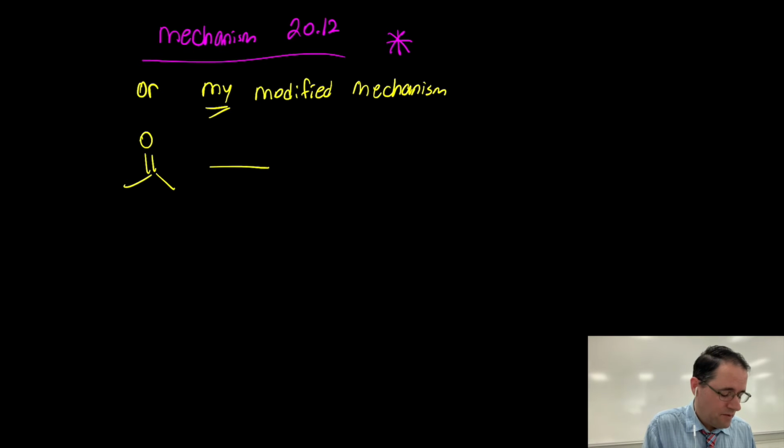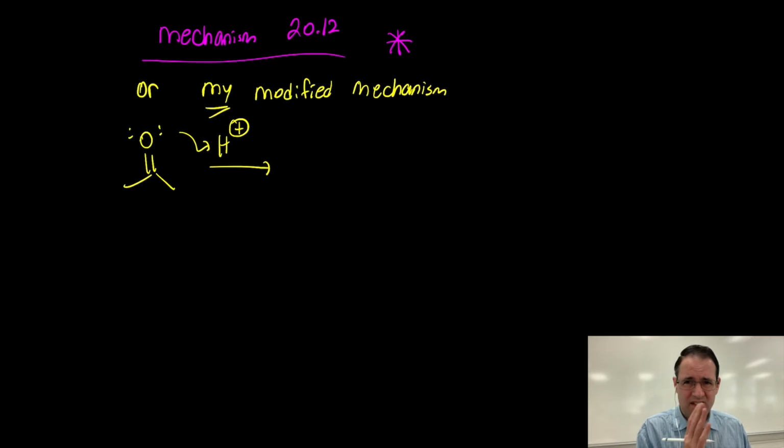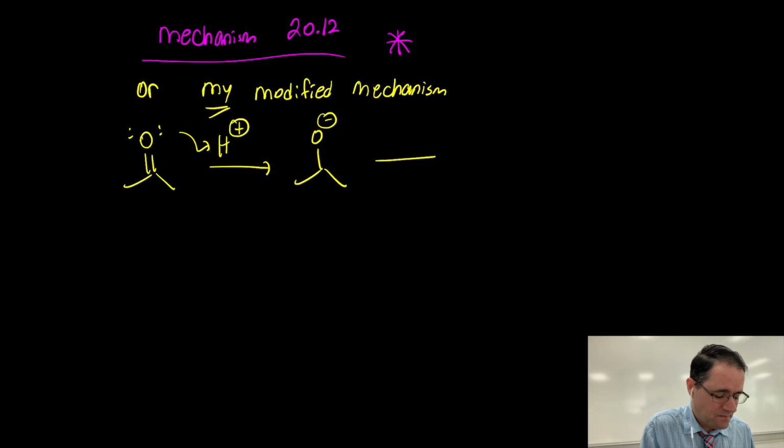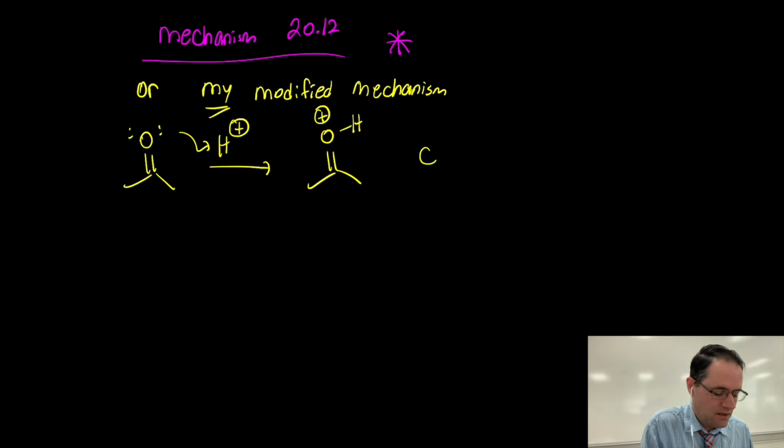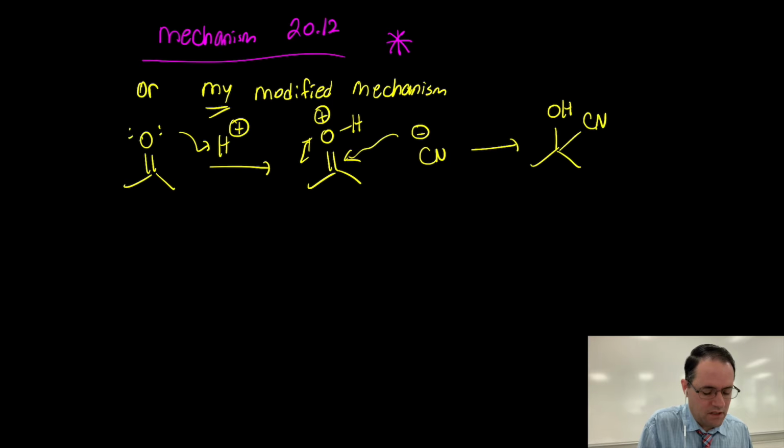The modified mechanism I'm going to show is H plus being used in the first step of the reaction to allow students to place things into two categories. So this forms the protonated species here. And then cyanide can attack here to give you the cyanohydrin.